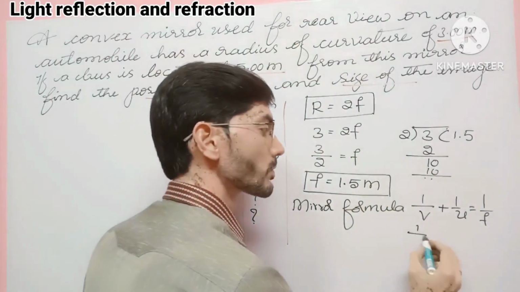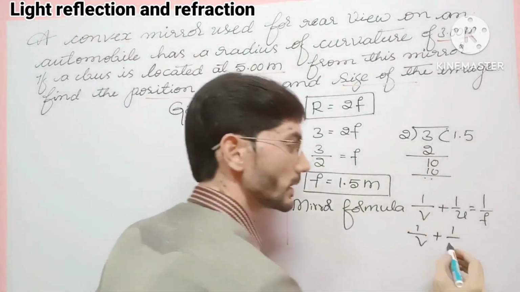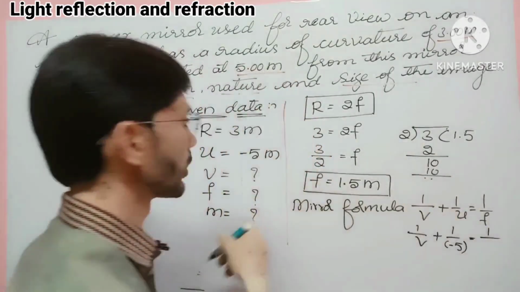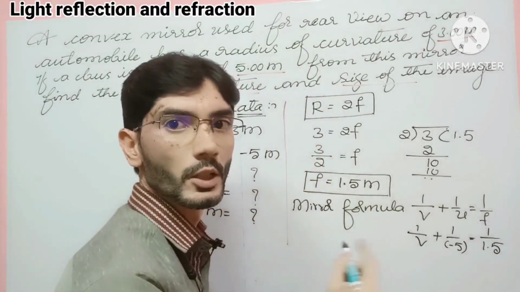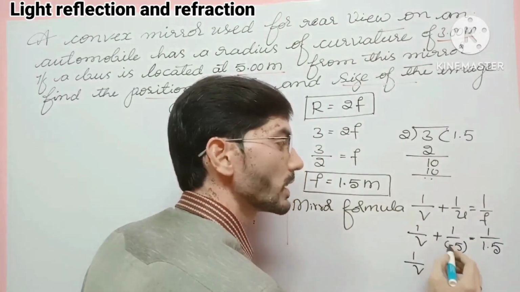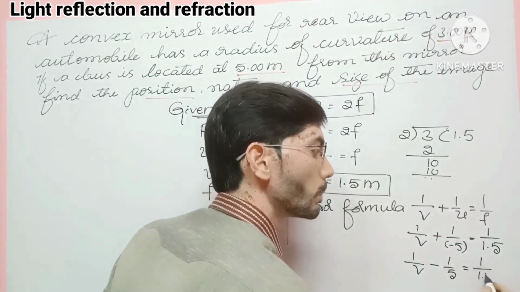So 1 by V plus 1 by U means nothing but minus 5. See here it is in bracket, you write minus 5. That is equal to 1 by F, means how much you got? 1.5. Now values we have substituted. Now let's move on to simplification. Now 1 by V, this is plus into minus, minus 1 by 5 is equal to 1 by 1.5.